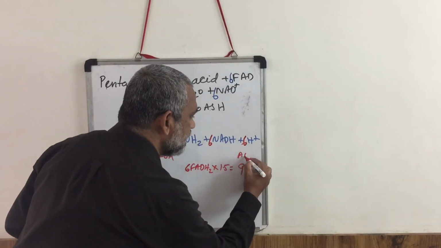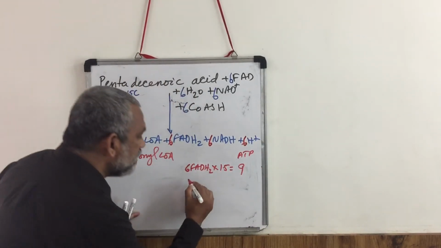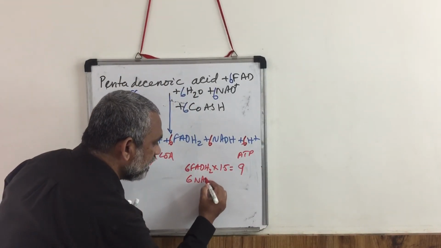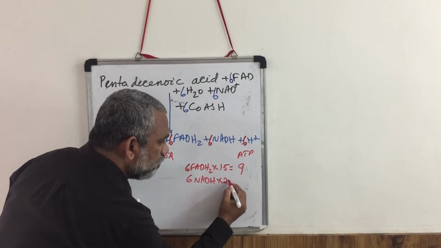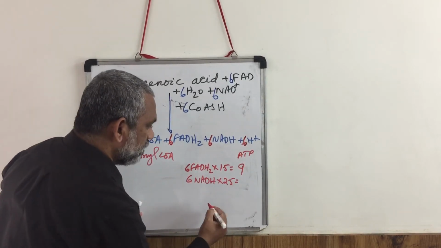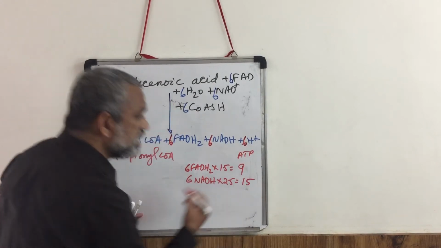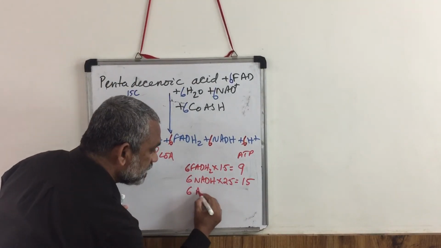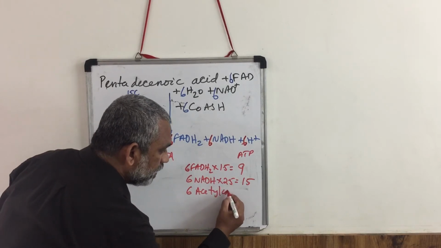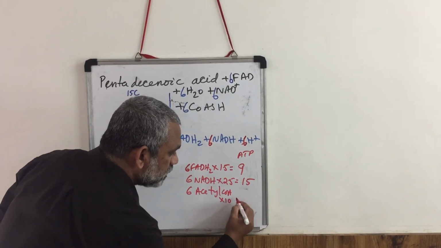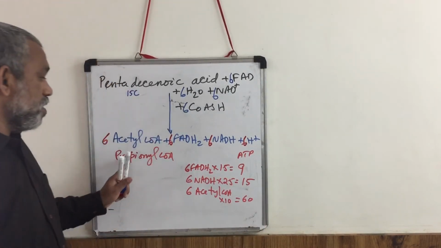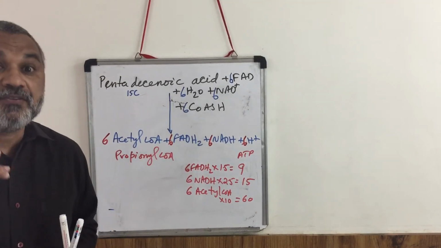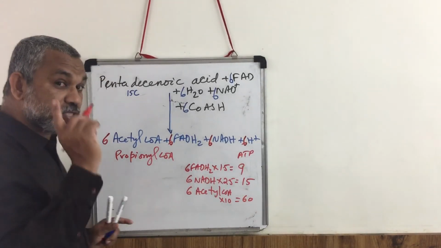So this is the net yield of ATP. If there are 6 NADH into 2.5, this is about 15 ATP molecules. There are 6 acetyl-CoA, 6 acetyl-CoA into 10, so that is equal to 60. Propionyl-CoA, we are converting propionyl-CoA to succinyl-CoA.